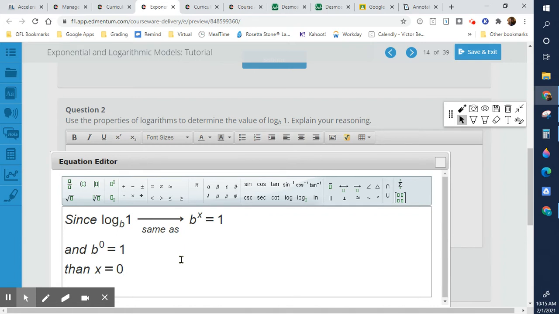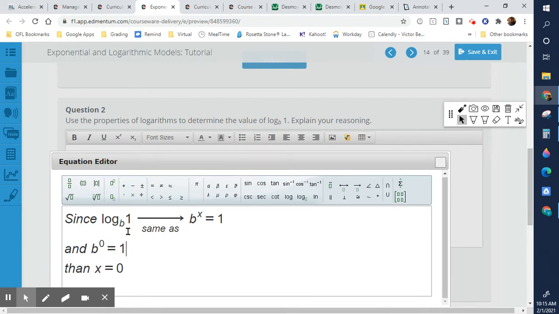So this question is asking what power of any number will give us 1 as our answer. Instead of writing it like that, I can say it as any number to the x power equals 1. Well, any number to the 0 power is 1. Therefore, x, which is our power, has to be 0. So log base b of 1 is 0.